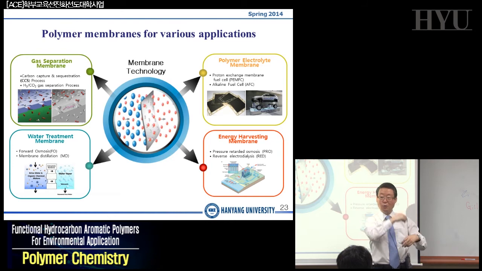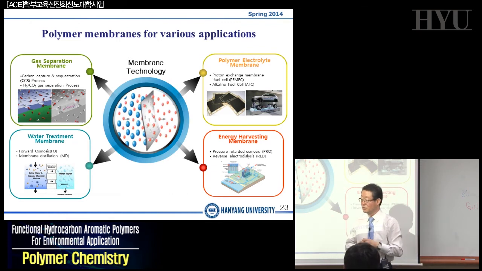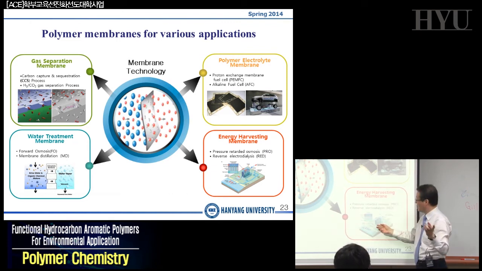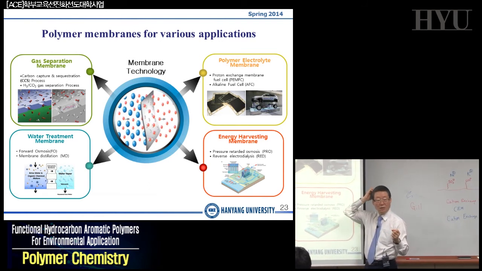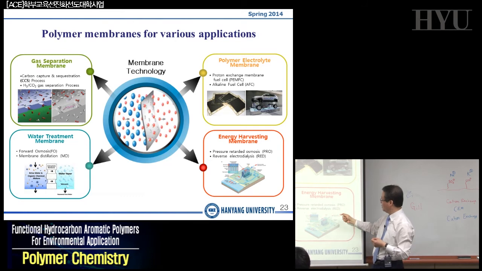The mechanical turbine will be moving because of the high flux of the water flow, so you move your turbines and get the energy, just like hydraulic processes. That's what we call the energy harvesting membranes, the pressure retarded osmosis process, which is a little difficult.